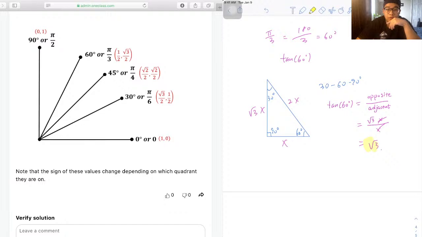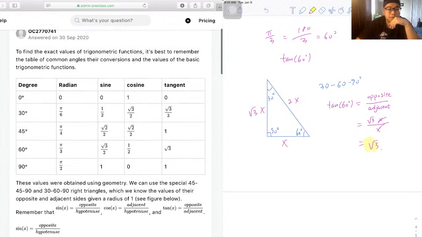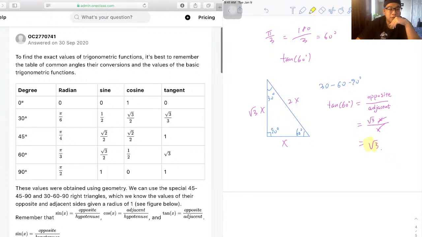And if we're in the fourth quadrant, the x value will be positive, while the y value will be negative. Right. And to find the exact value for a trigonometric function, it's best to remember the table of common angles, which are 30 degrees, 45 degrees, 60 degrees, 90 degrees.